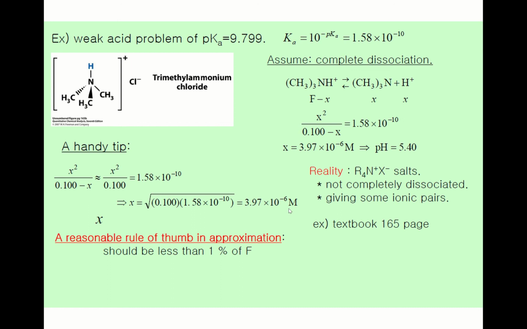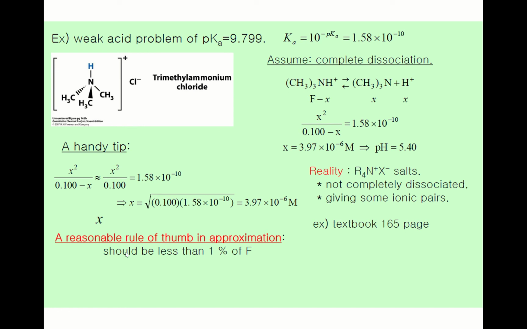So here we already made one assumption, and here we made another assumption. As we make more and more assumptions, your answer may deviate very much from the true value. So I recommend avoiding this kind of extreme approximation.